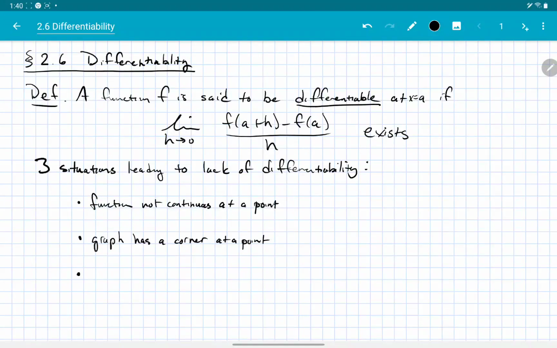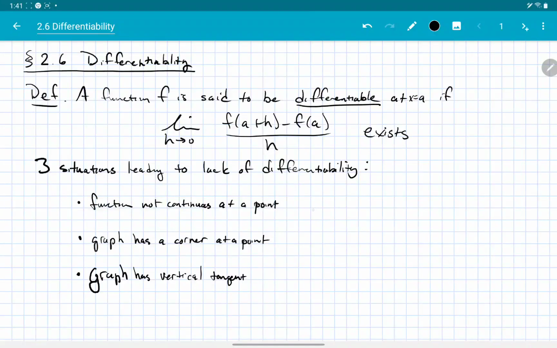And the third situation is that the graph has a vertical tangent. That would, of course, be an infinite slope, and if the slope was infinite, then the limit which defined the slope would be infinite, and we don't allow for infinite limits, so we would say the limit doesn't exist.